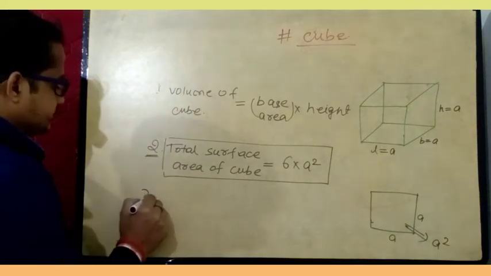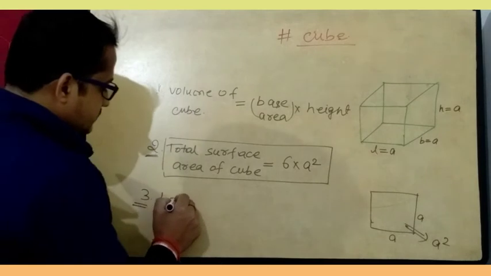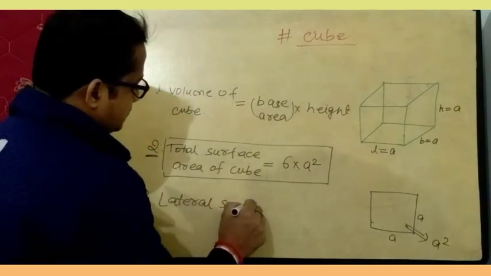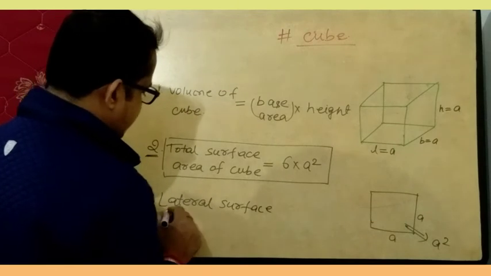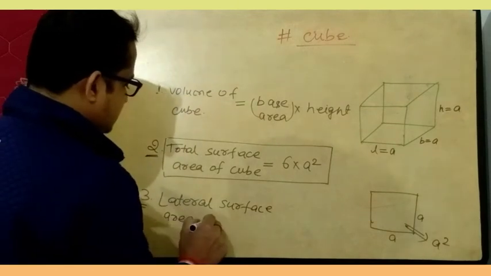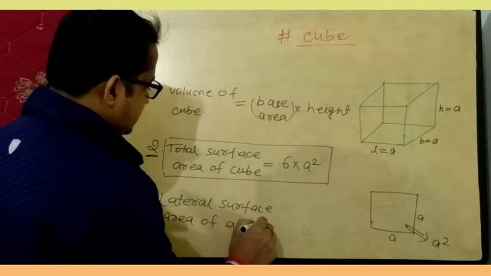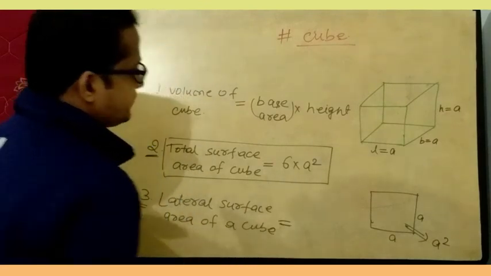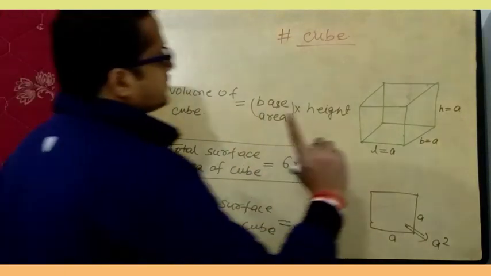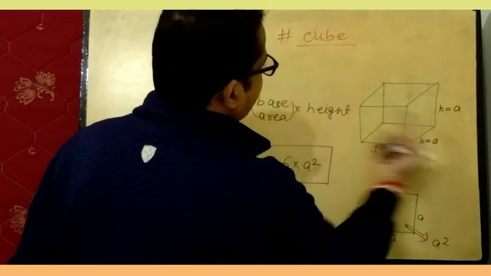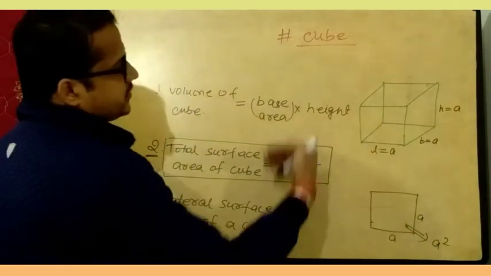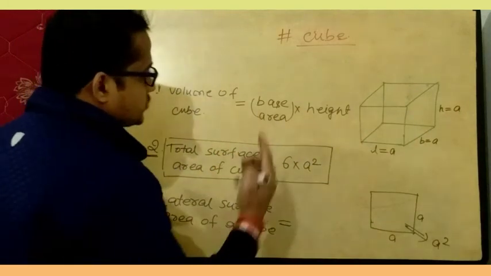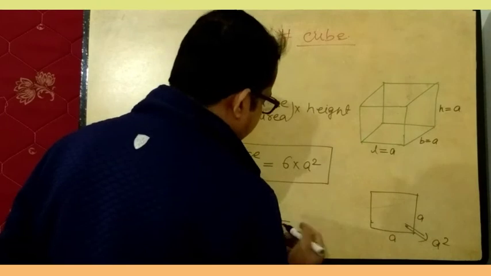Next is lateral surface area of a cube. In order to calculate lateral surface area, you only have to consider the front portion, back portion, left portion and right portion, that is only this curved part.